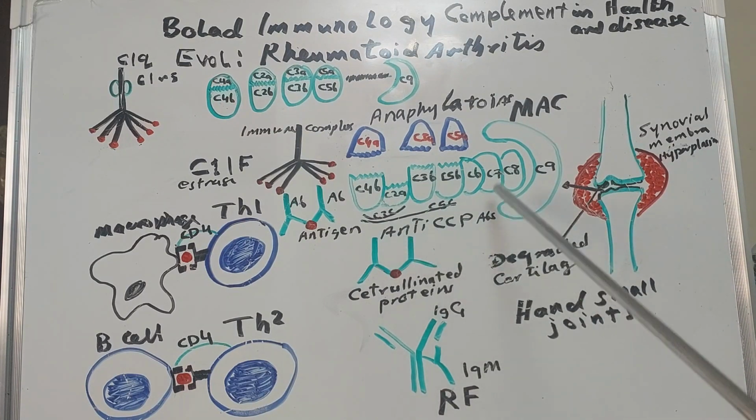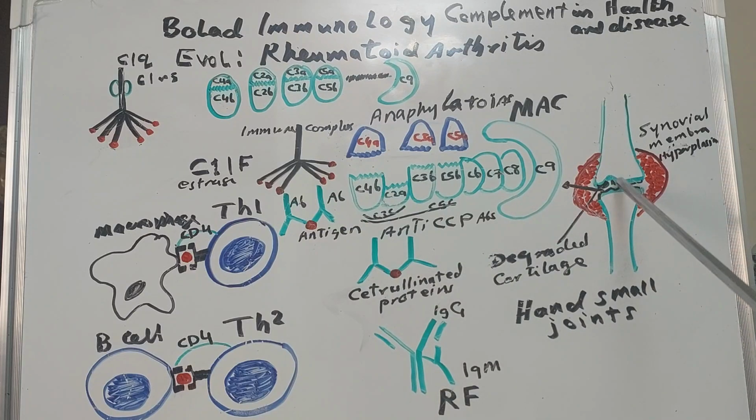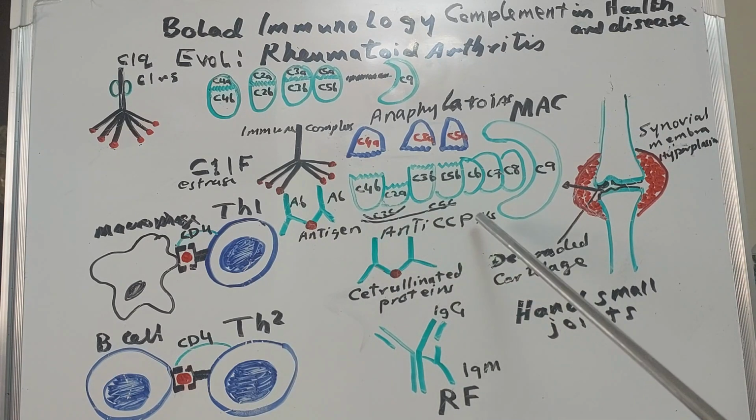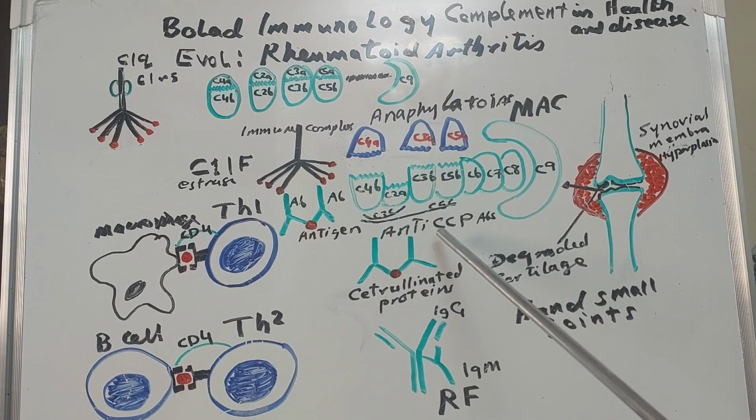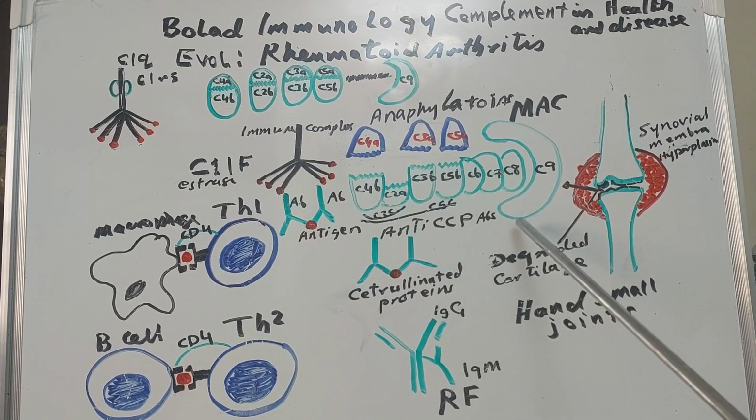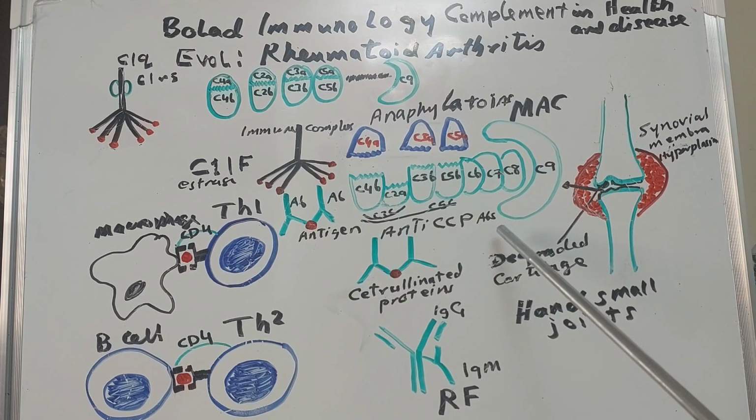So when anti-CCP antibodies encounter citrullinated proteins here, due to failure of clearance of apoptotic and necrotic cells, this will lead to formation of immune complexes. As can be seen here, the immune complex is formed from anti-cyclic citrullinated peptide antibodies.